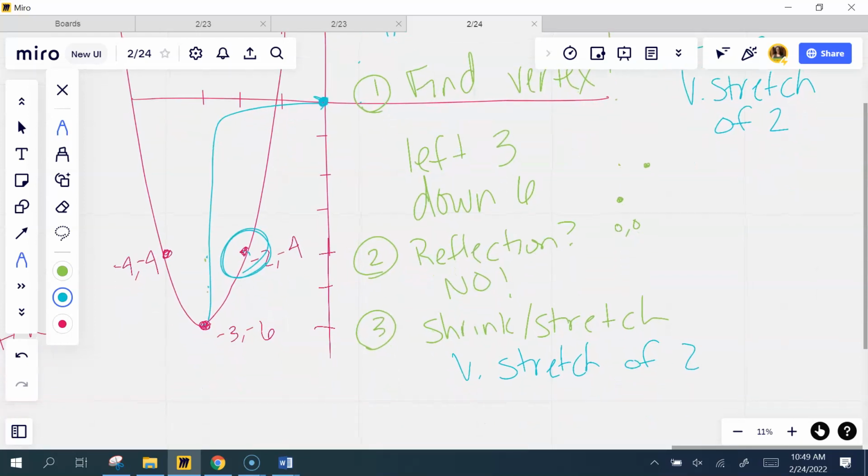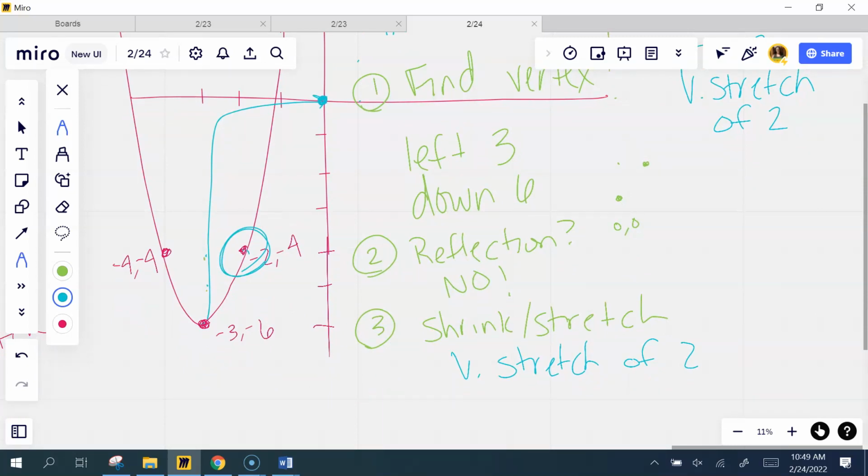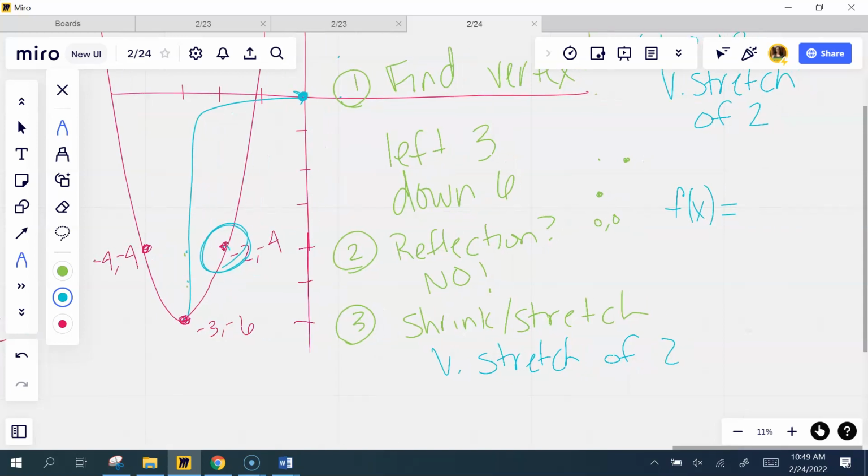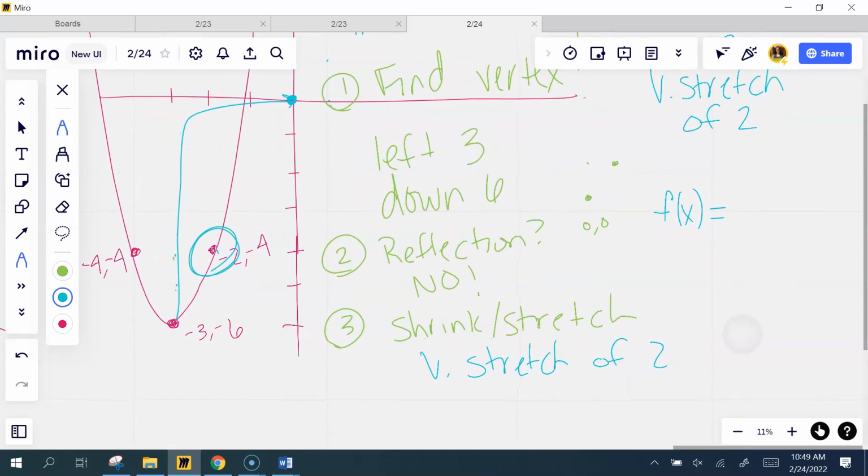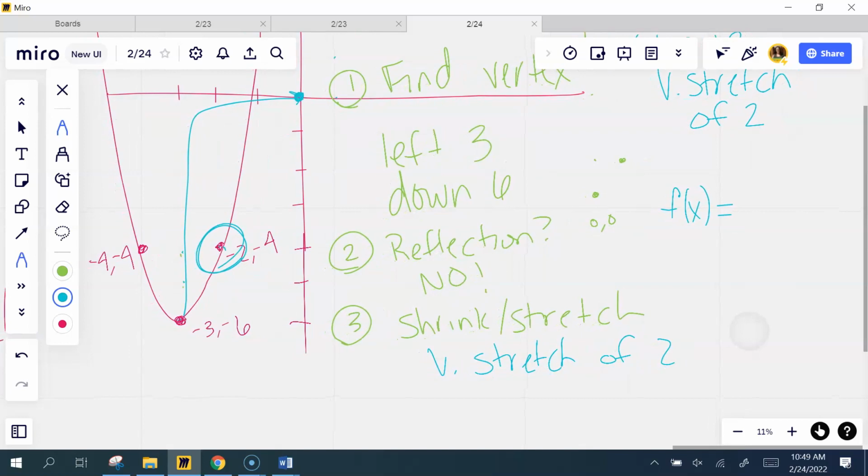Now what I want to do is write my equation, because that's all I got, right? Slides, left, right, up, down, reflections, and shrinks or stretches. So if I want to write this, what do you think this equation looks like? What's the parent graph? X squared, right?